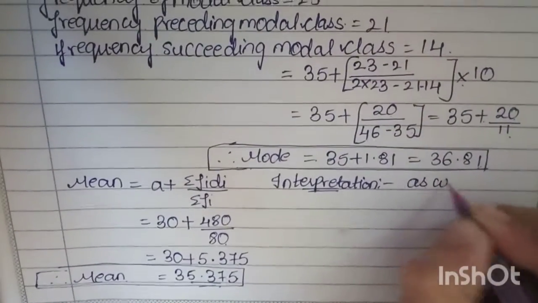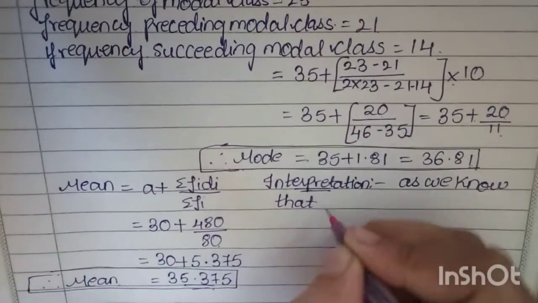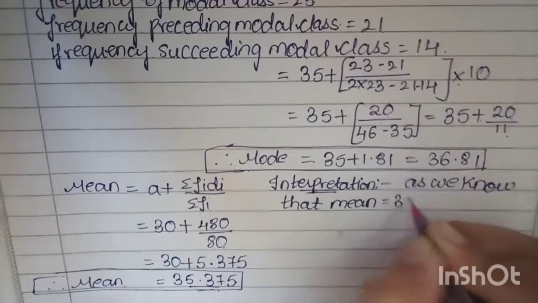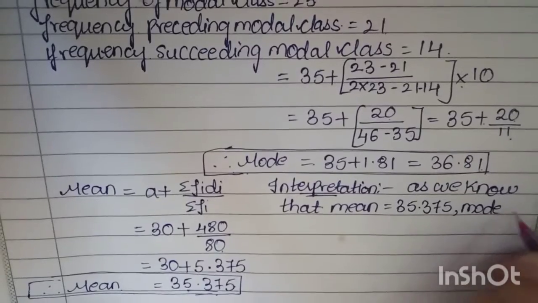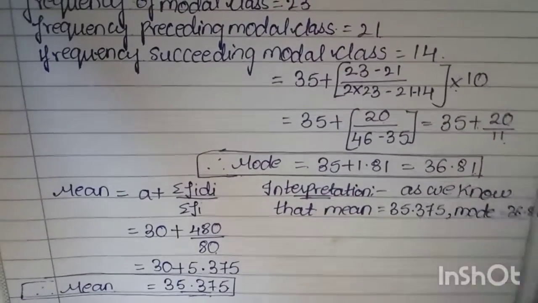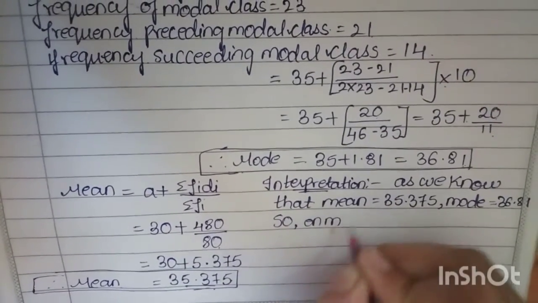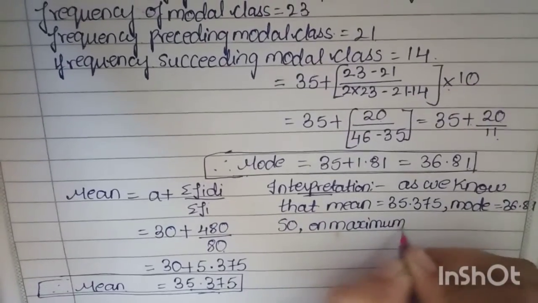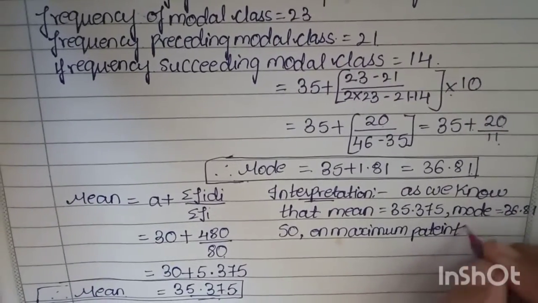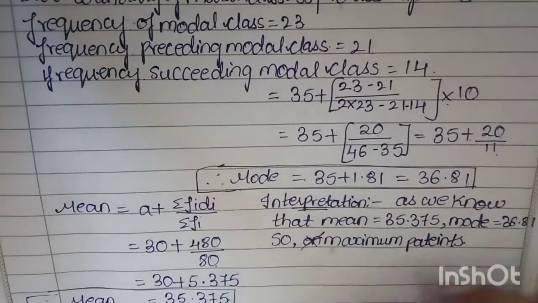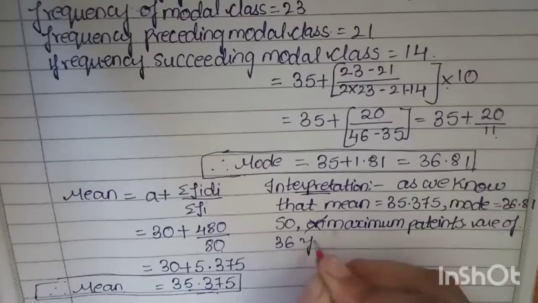as we know that mean is equal to 35.375 and mode is equal to 36.81, maximum patients are of 36 years.